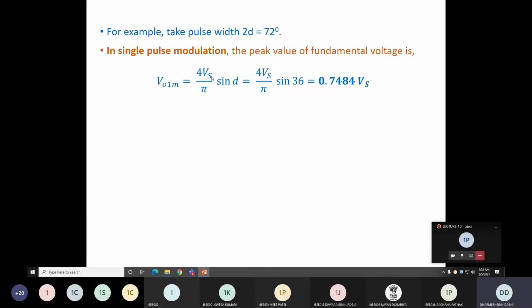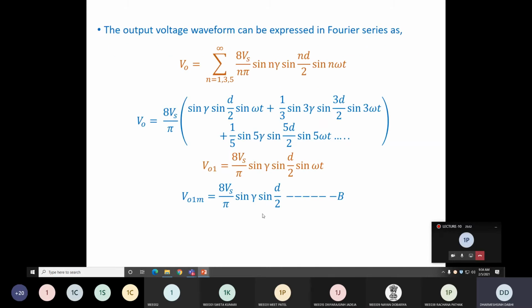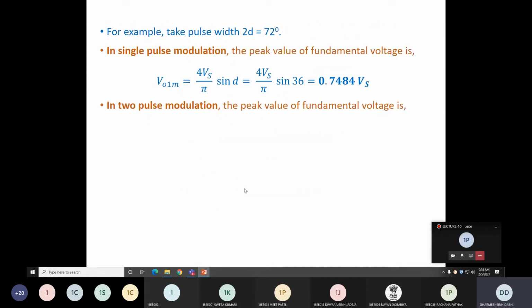But suppose you find out the peak magnitude in two pulse width modulation technique. As we see, the equation of two pulse width modulation technique, peak magnitude is 8Vs by pi sin gamma into sin d by 2. So for the same width d, 36 degree, put d is equal to 36 in this equation. Here the term is d by 2, sin d by 2, so that is 36 by 2.